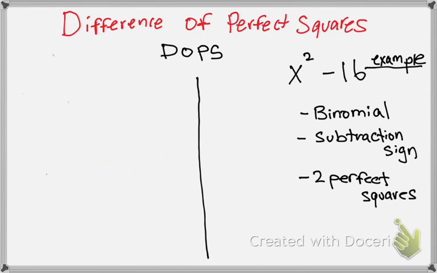Actually, two more. Alrighty, let's do it here. Let's go with 25x squared minus 144.